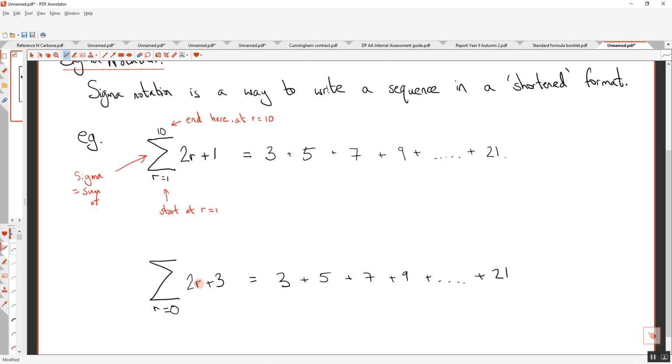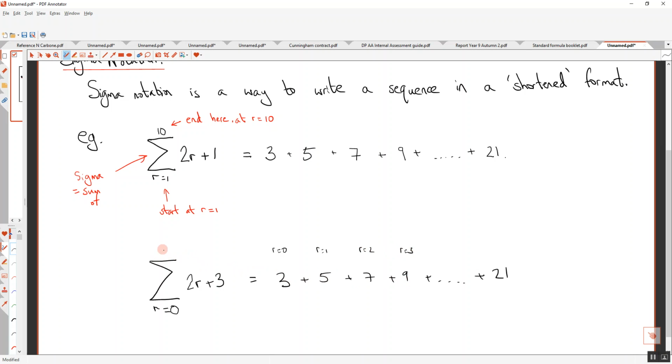When r is 3, 3 2s are 6, 7, 8, 9. I get 9 out. So this is r is 0, r is 1, r is 2, r is 3. So we're getting exactly the same sequence out.